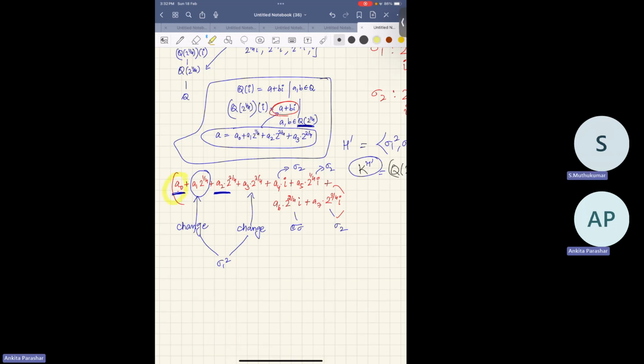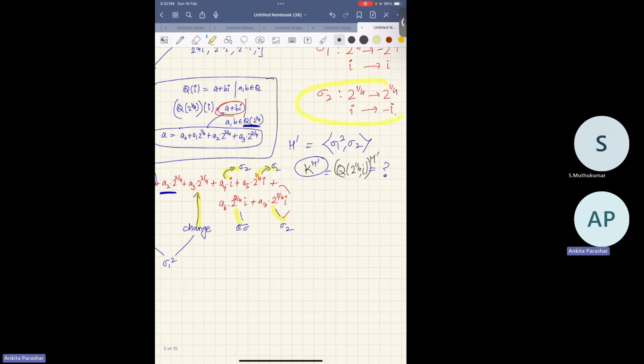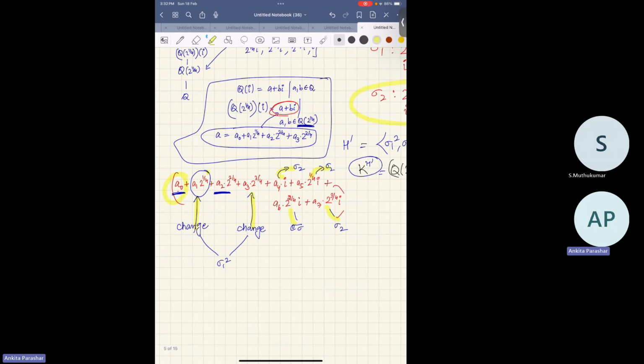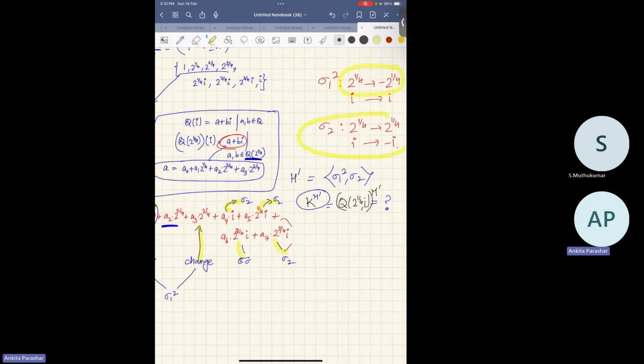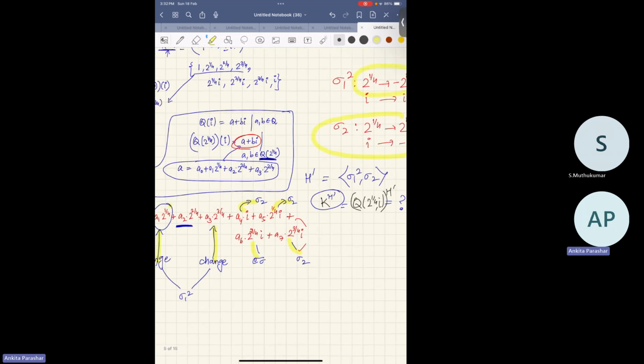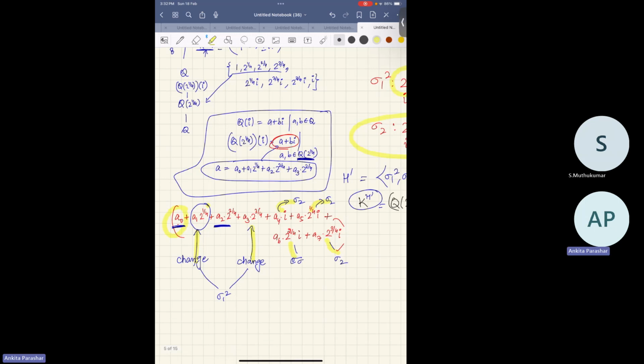This is never changing. This is changing, because of i. Sigma 2 changes i to minus i. So those having i will not be fixed. And those which are independent of i will be changed by sigma 1 squared: 2 power 1/4 going to minus 2 power 1/4. So this will be changing.